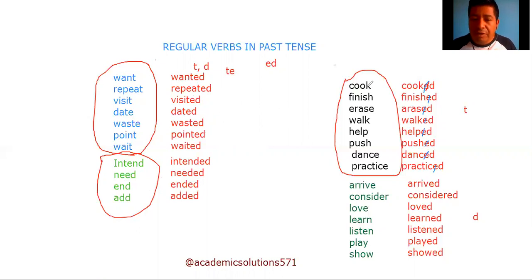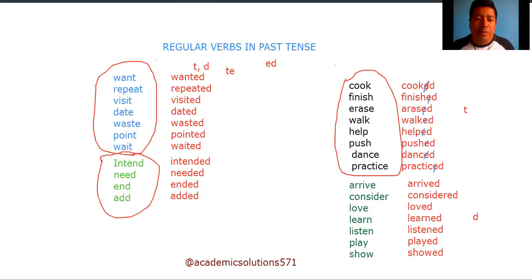But the rest of the verbs will sound as normal, just omitting the sound of the letter E at all times, okay? That's what you have to take into account when you are speaking, specifically in the past tense.